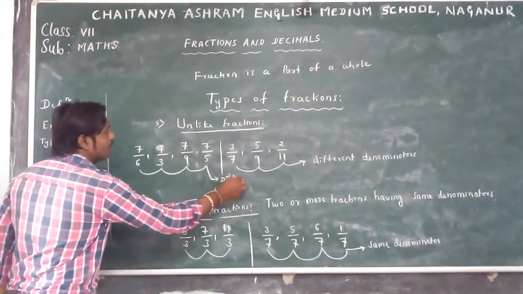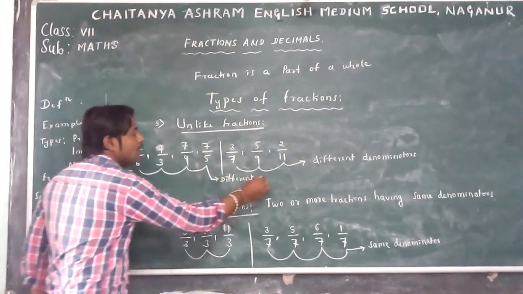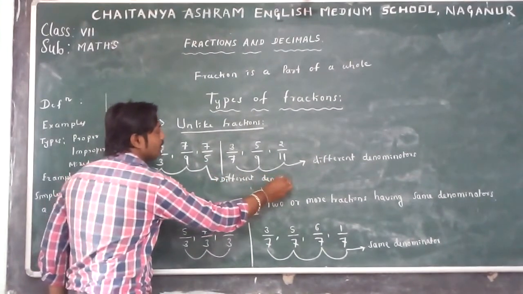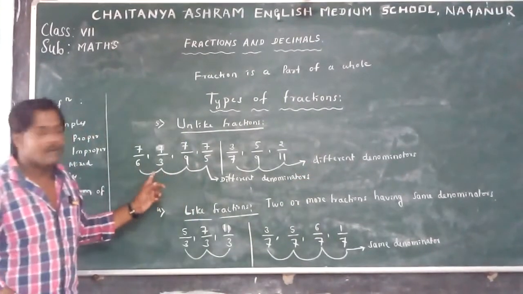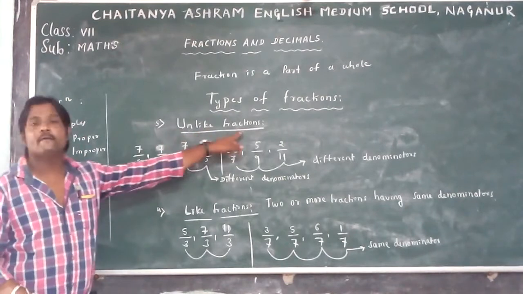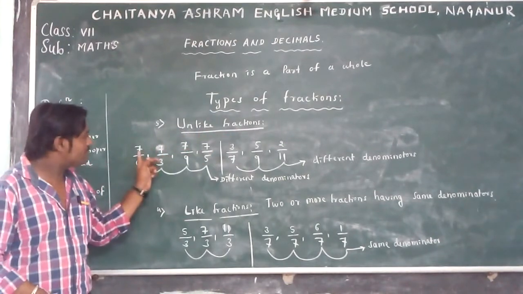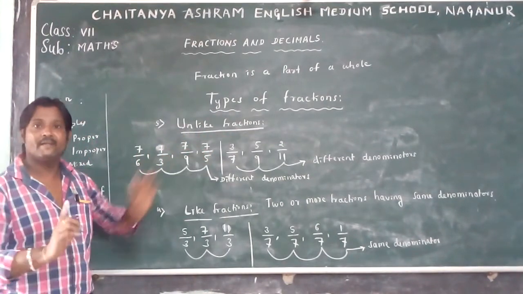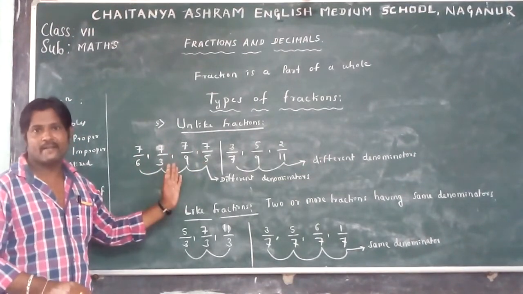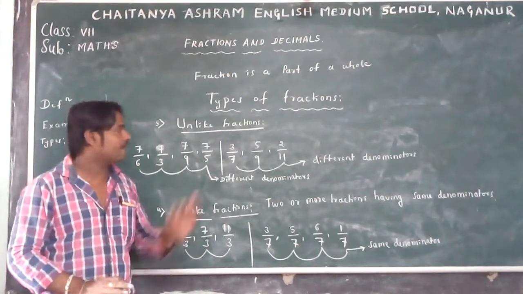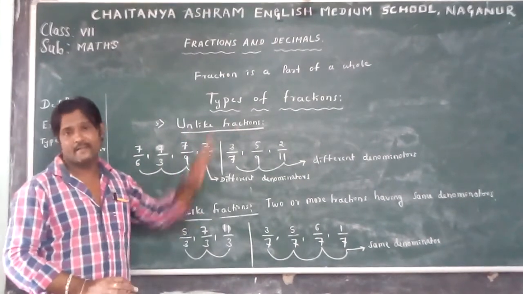These fractions are also called unlike fractions. If they have same numerator but different denominators, these 4 fractions also go under the category of unlike fractions.